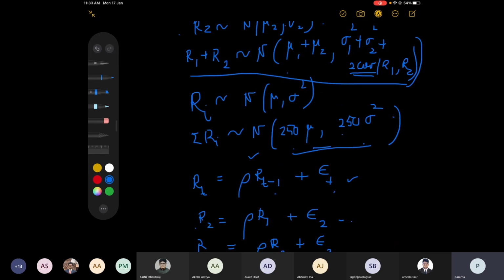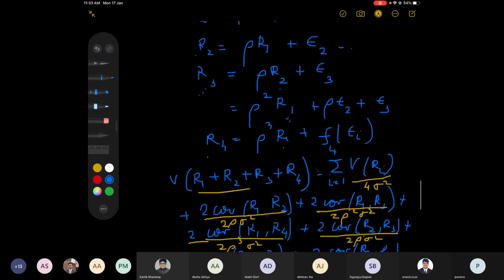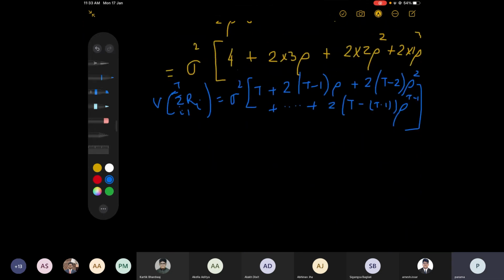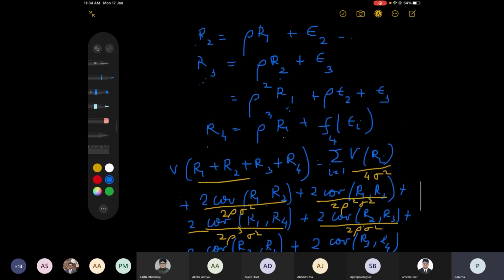This is what we had told earlier, that we just have T into sigma square. But if they have correlations, then we will be underestimating the variance. The variance will be much higher, and this is how the variance will be calculated. But we can still calculate the variance like this and put it in a normal distribution.